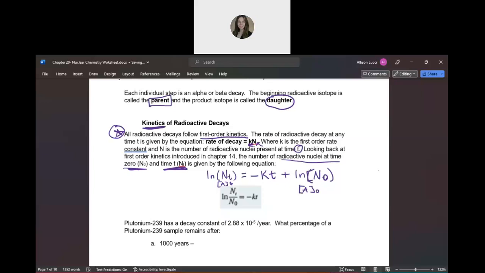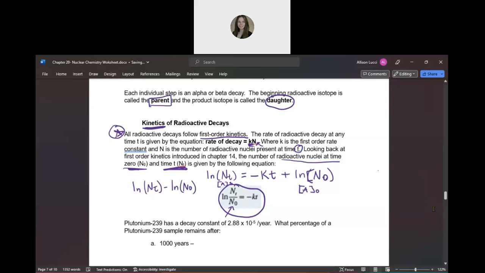So this is the same equation, just rearranged. Whenever we subtract a natural log, we write it this way. This is really an expanded form: natural log of N sub t minus natural log of N sub 0. It takes this form here.